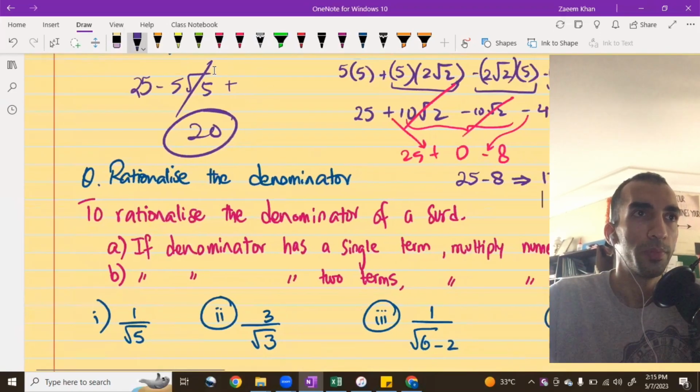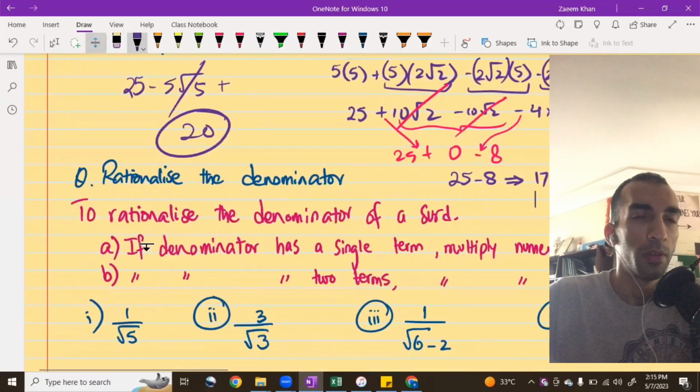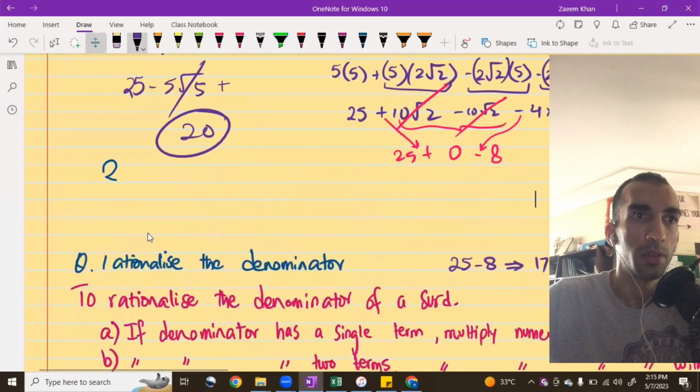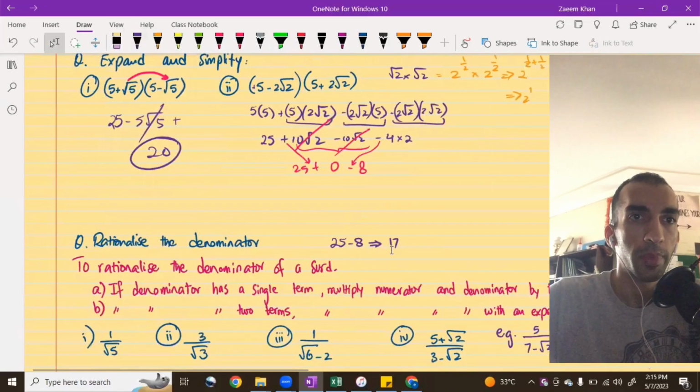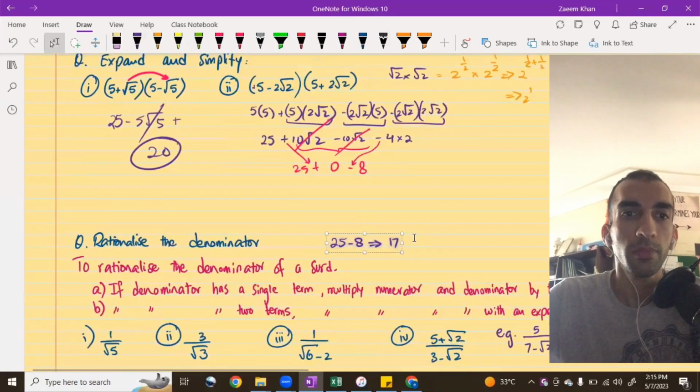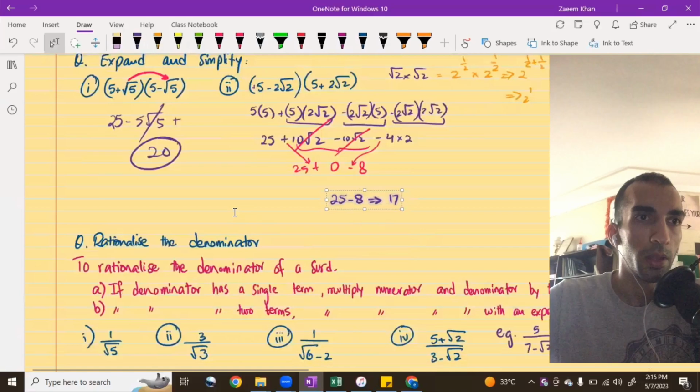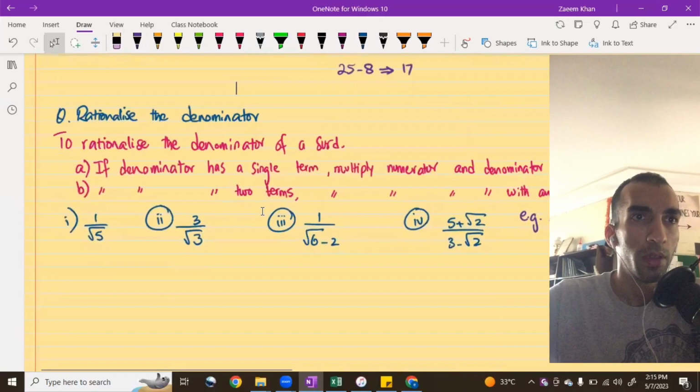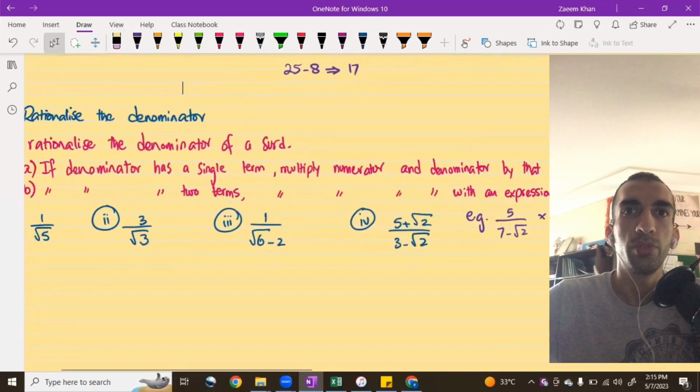Here we go. Since you asked for the chapter on surds, the concept of surds asks us to rationalize the denominator. To rationalize the denominator, these are the two rules that you should know.